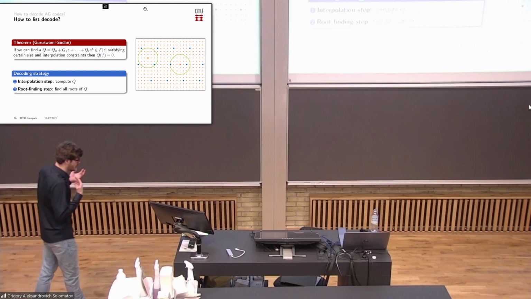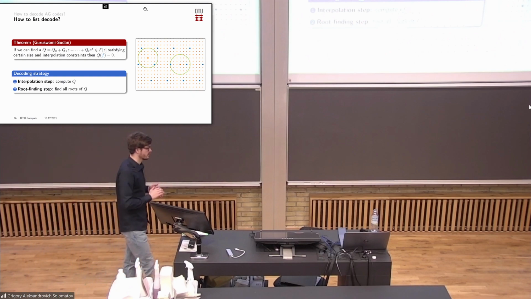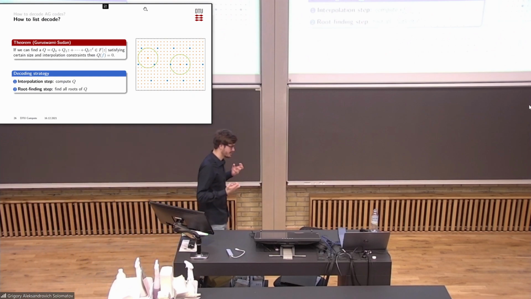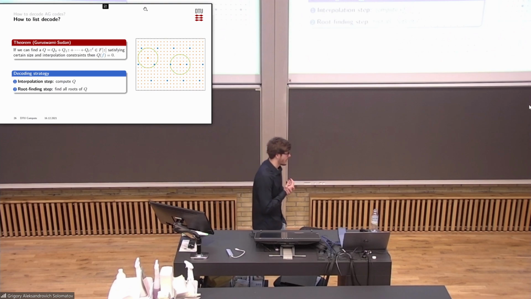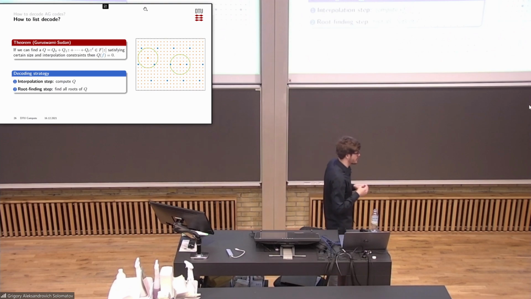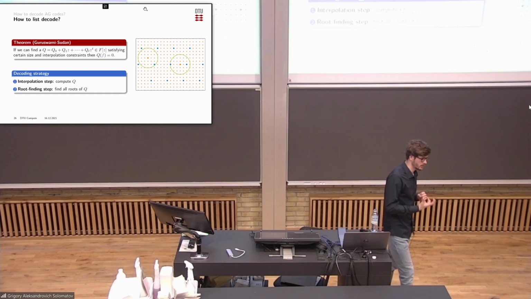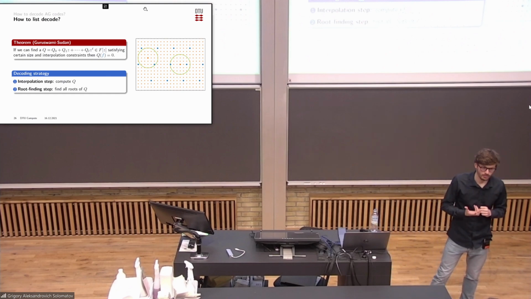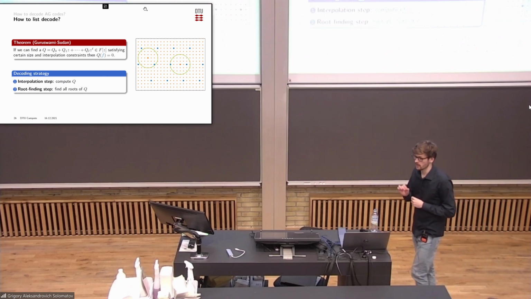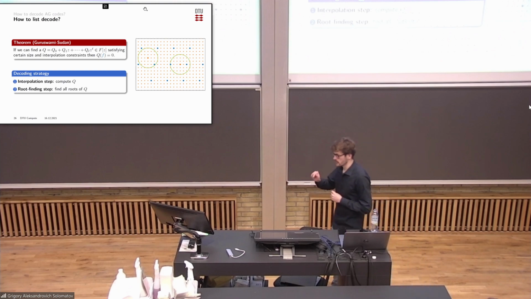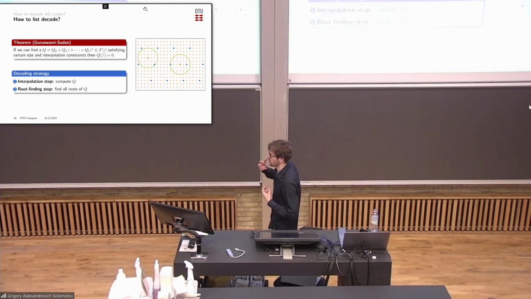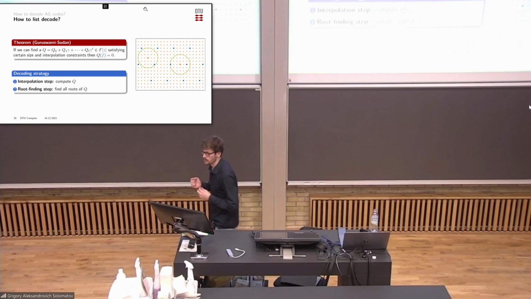So I don't have the actual full technical formulation of the theorem, but I've tried to distill its essence on the slide. And the idea is that you're seeking a polynomial Q. This polynomial is quite complicated, although it is univariate in the variable z. Its coefficients are actually functions on our algebraic curve.